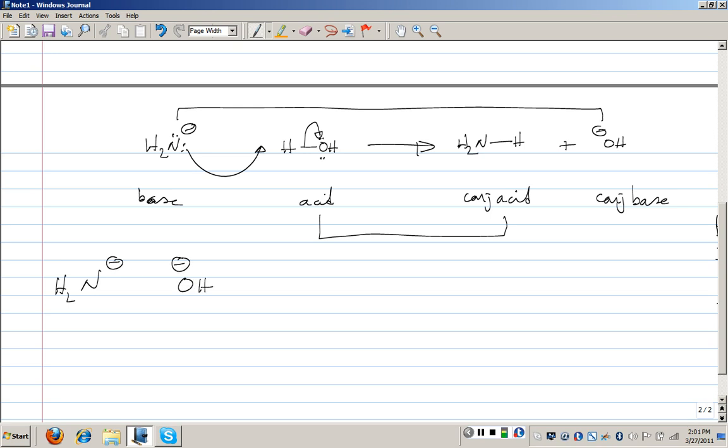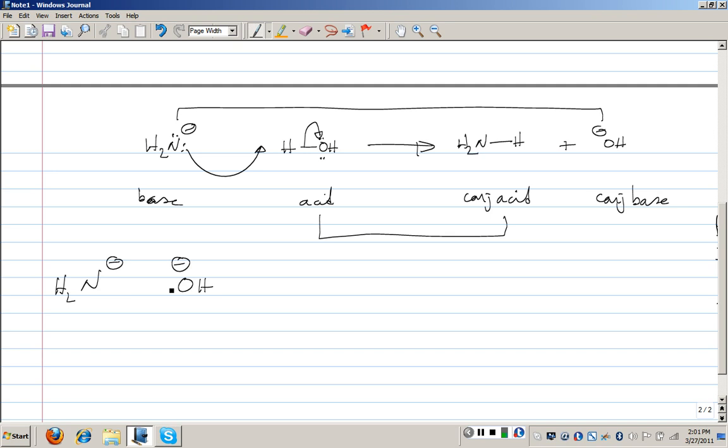And what I'm really asking is, what is a base? A base is an electron pair donor. When will I donate electron pairs? And the answer is when the species having the electron pair, or in this case a minus charge, is uncomfortable with it, when it's more uncomfortable.